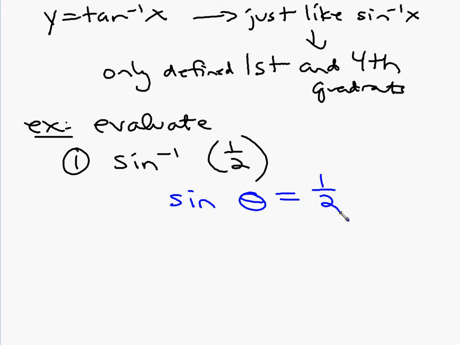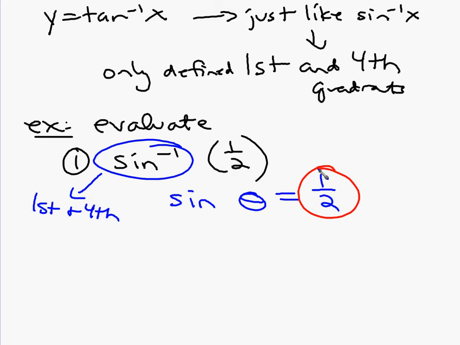First off, where is inverse sine defined? In the first and fourth quadrants. All right? That's the first thing we need to remember, is that it's only defined in the first and fourth quadrants. The next thing we need to pay attention to is this value over here: positive or negative?